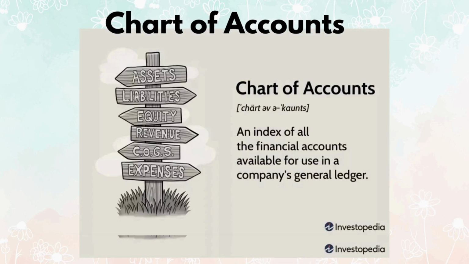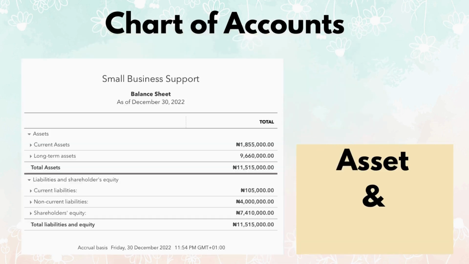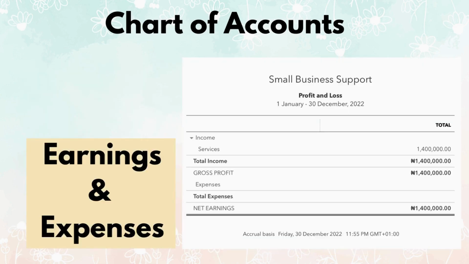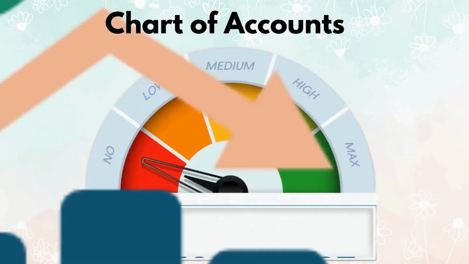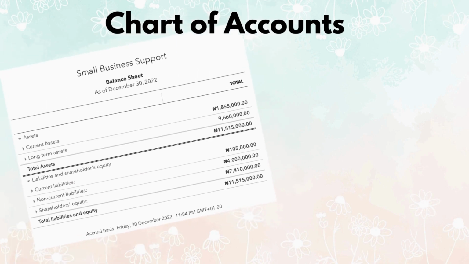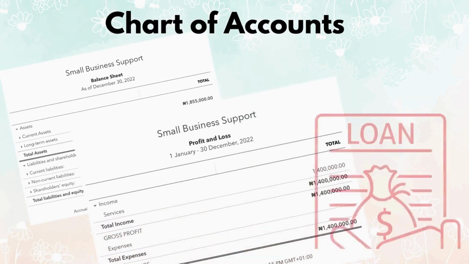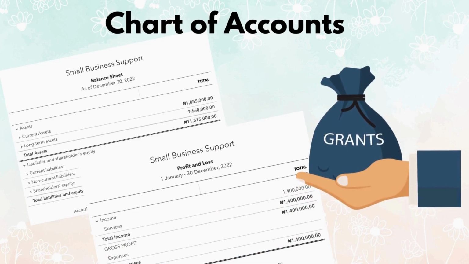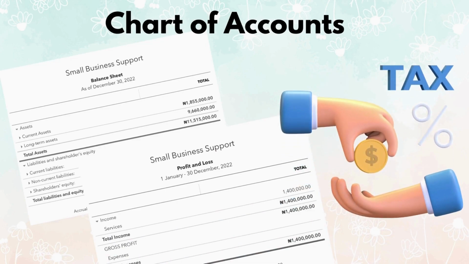The chart of accounts is at the heart of all your bookkeeping activities as it helps you categorize your assets, liabilities, earnings, and expenses properly so you can generate reports which tell you how your business is doing. These reports can also be used to source loans from lenders or for sourcing grants, and they help you in determining correct tax for filing.